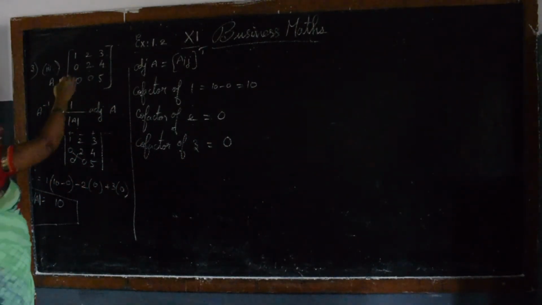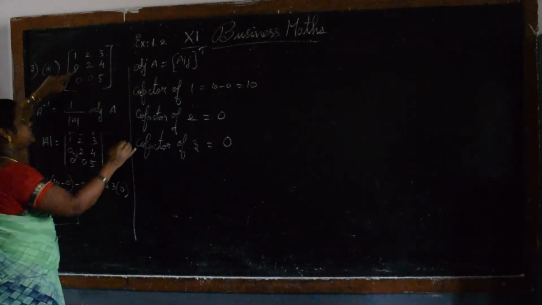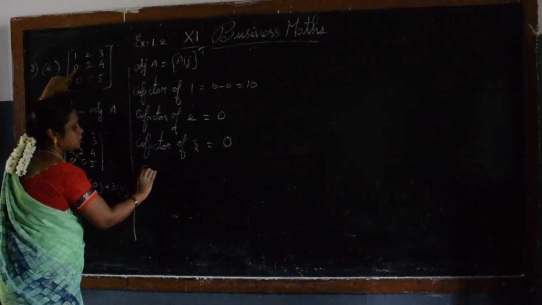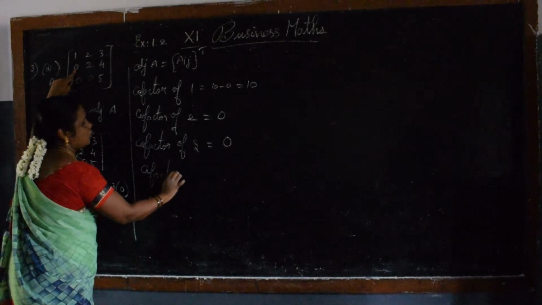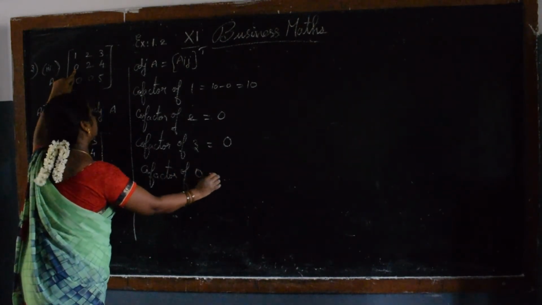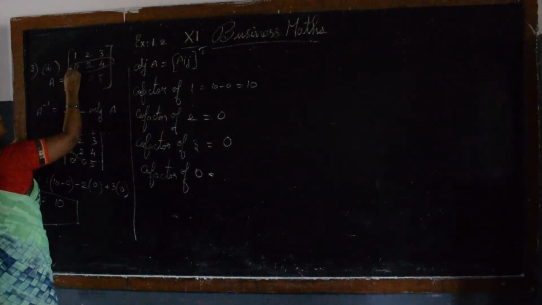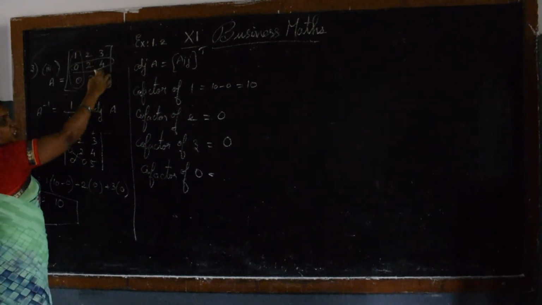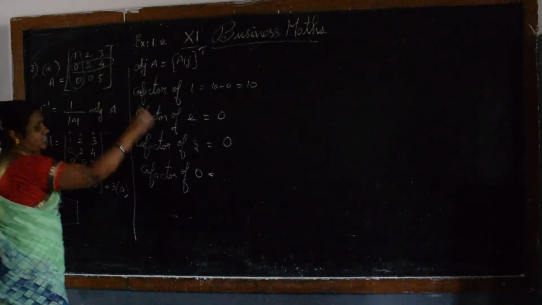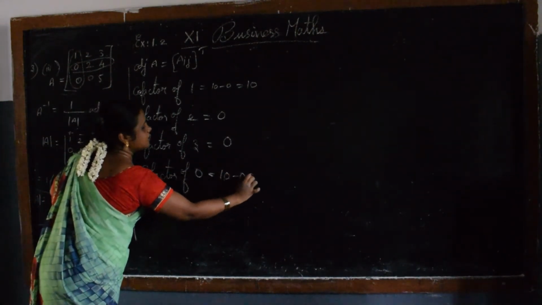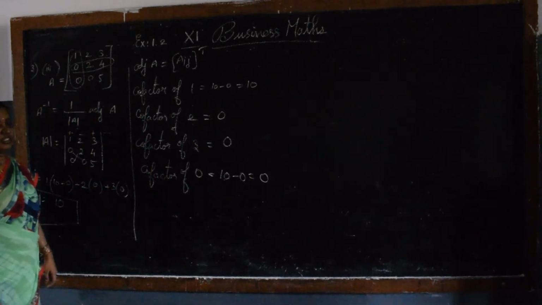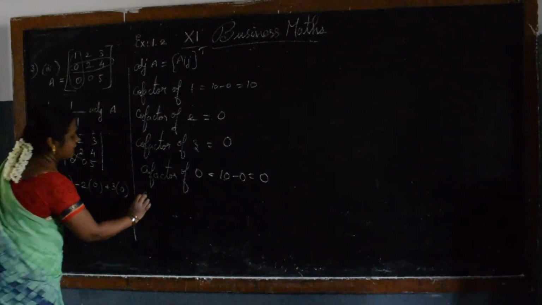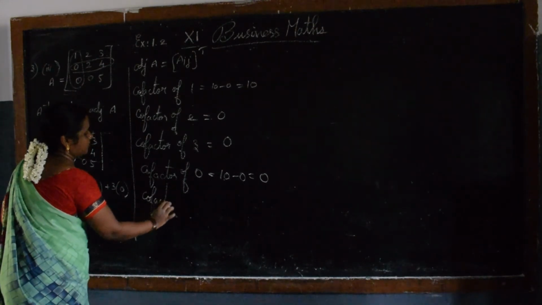Take the next, second row. What is the element here? First element is 0, so cofactor of 0. Eliminate this row and column. Remaining you have to cross multiply: 5 2s are 10 minus 0, that is 10. Next, cofactor of 2.